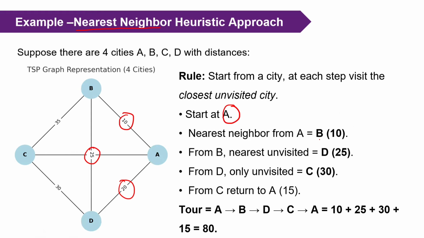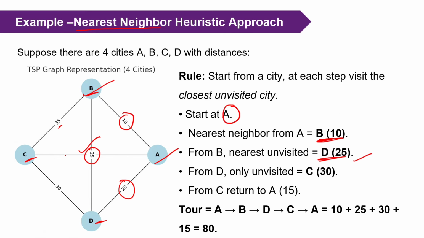So I am selecting the neighbor B. Right now I am at B. Again from B, you always need to find unvisited ones. B to C 35, B to D 25. Which one? 25 is the minimum one. Select D. Now from D, the only unvisited vertex is C. Why? A is already visited, B is already visited. I am selecting C. From C, I am returning to A.